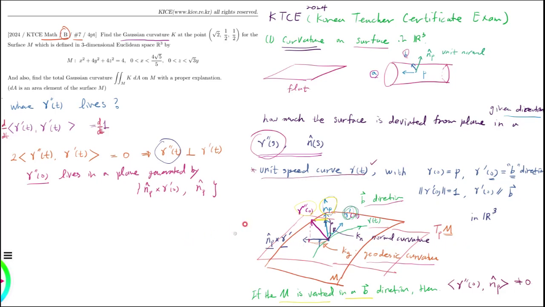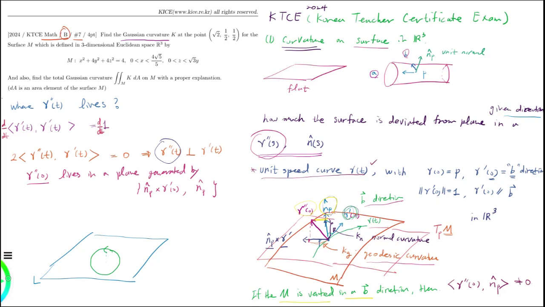So for instance, consider on the plane L there's a unit speed curve which makes a circular movement here.